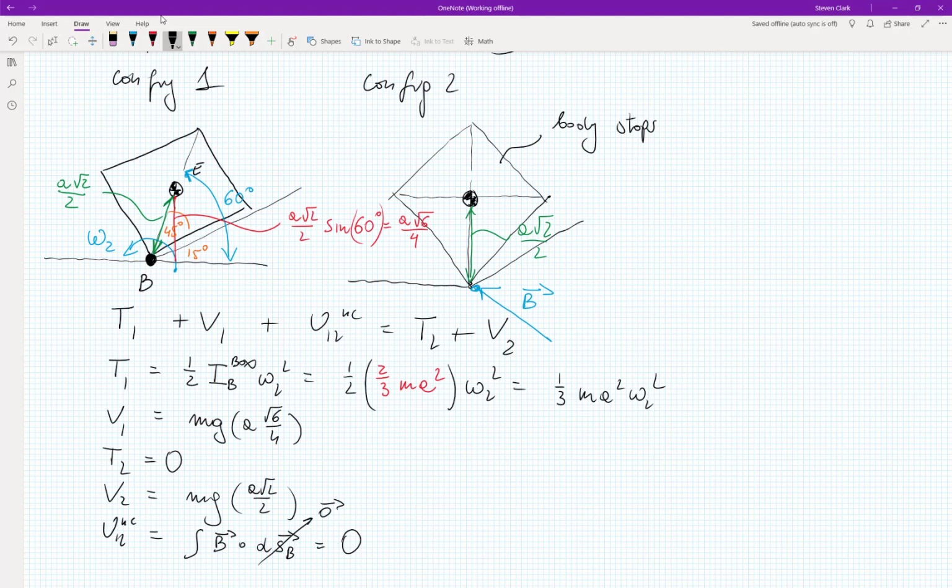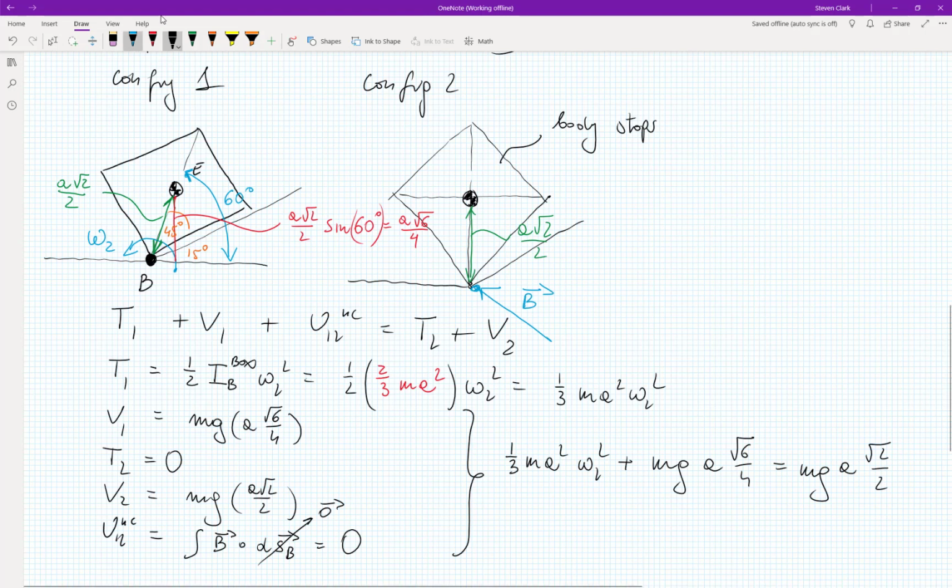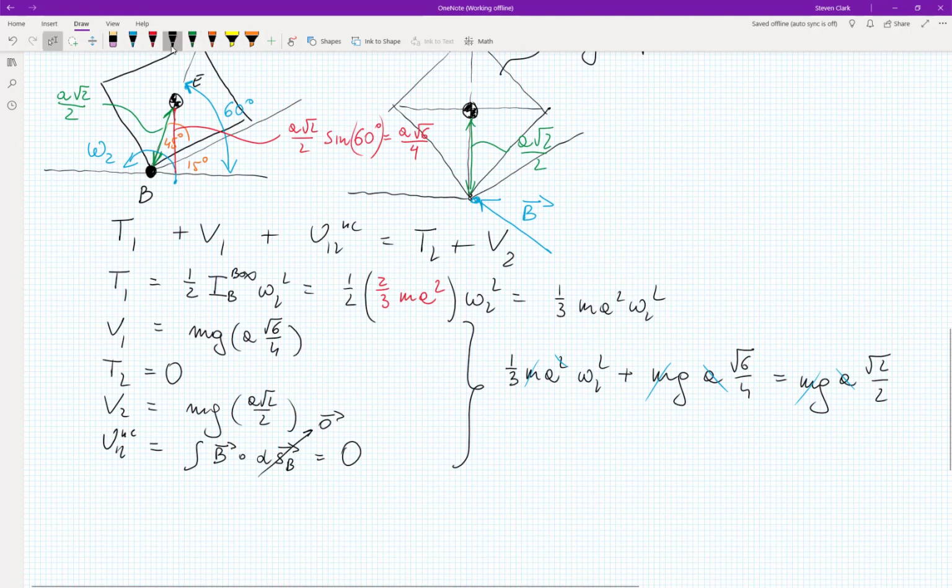Okay, let's plug everything into our original equation, and we will end up with following thing. 1/3 MA squared omega-2 squared plus mg a square root of 6 divided by 4, and this is equal to mg a square root of 2 divided by 2. Some stuff simplify, this simplifies this and that, a as well, and you guys will end up with following value here.